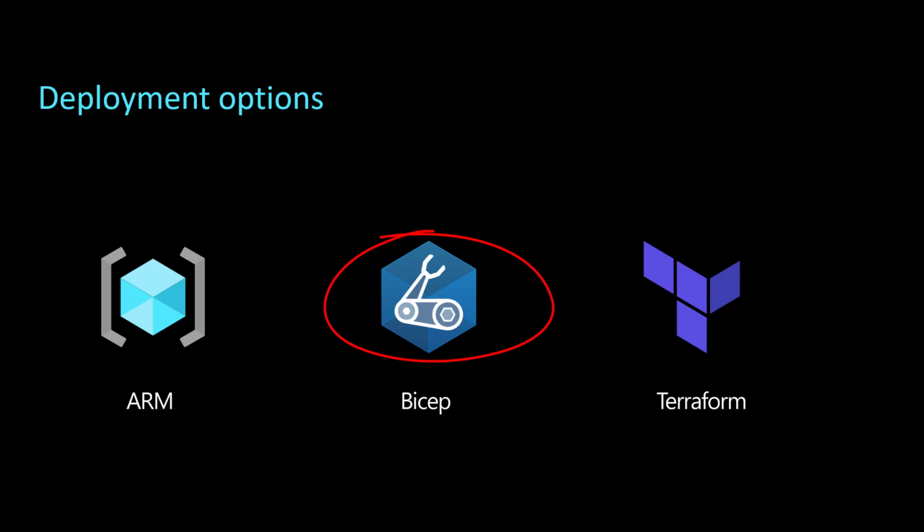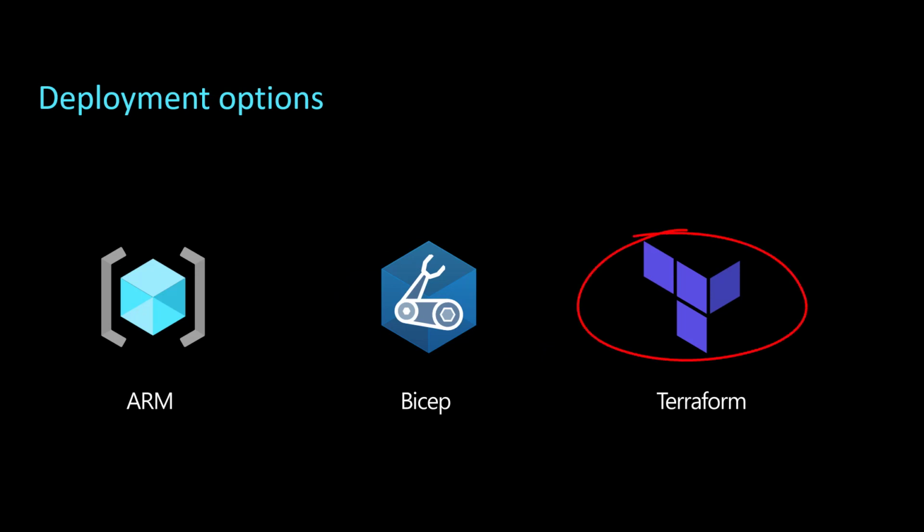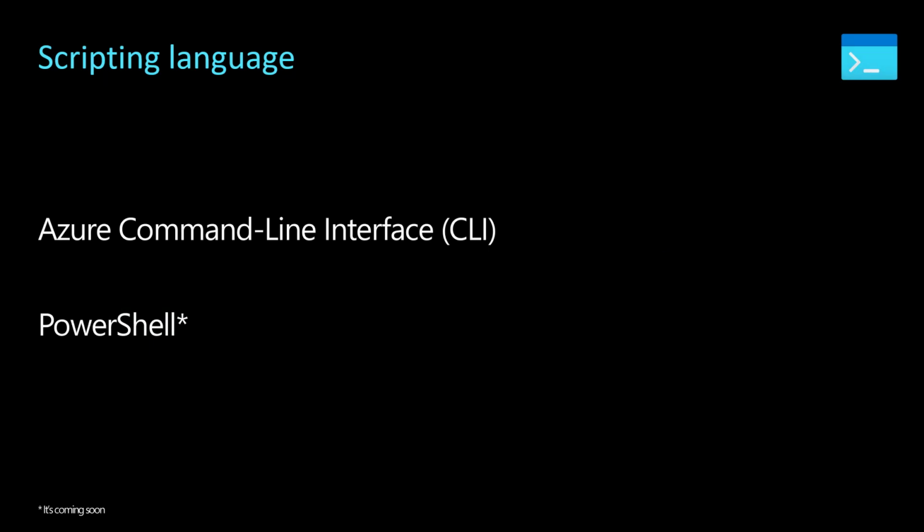Bicep is designed to make it easier to write and maintain infrastructure as code for Azure deployments. Last but not least, Terraform templates provide a powerful and flexible way to define, manage, and automate your infrastructure as code. At the moment, you can use CLI to accelerate and perform your migration.